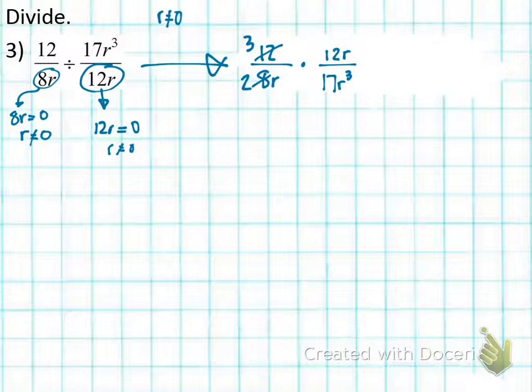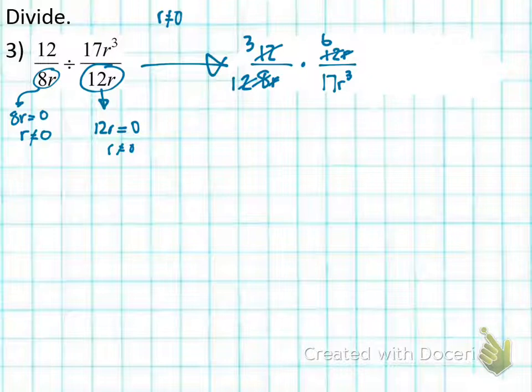The r's, 8r and 12r. Take the r's out, so r divided by r is just 1. Yep. 2 and 12, right? 2 goes into each of these, so you get 6 and 1 here. Good. What else can I simplify?